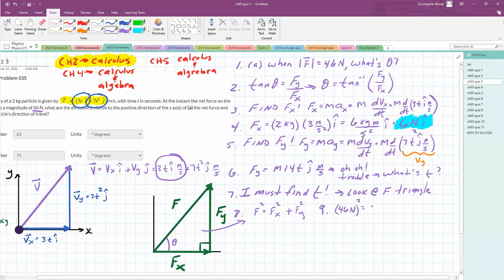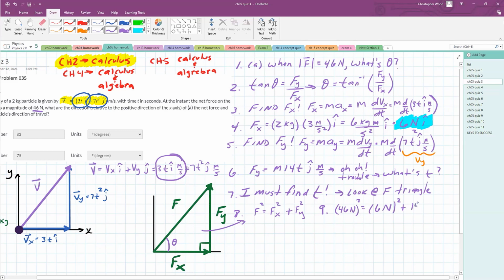So I'm going to write down 6 newtons. I don't need to write down the i hat. Squared plus Fy squared. Oh, and here's Fy. I'm going to substitute in Fy.